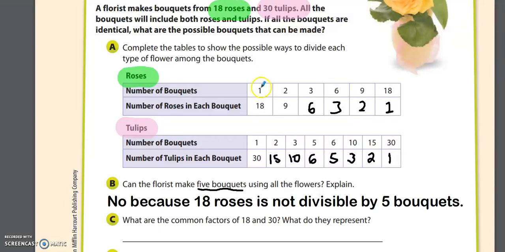For example, 1 and 1, that's a common factor. 2 and 2, that's a common factor. 3 and 3, that's a common factor. 5 is not, though, because 5 is not in both lists. 6 and 6, that's a common factor. 10 is not. 15 is not. 9 is not. 18 is not. And 30 is not. So the question reads, what are the common factors of 18 and 30? And they are 1, 2, 3, and 6.